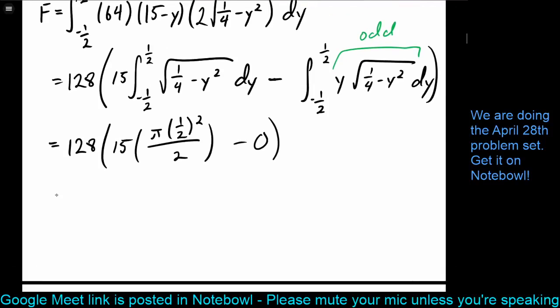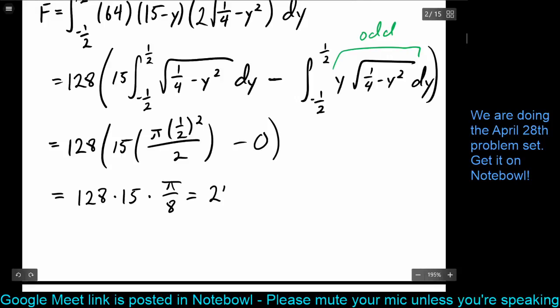All right. So now it's just a matter of simplifying this. This is 128 times 15 times pi over 8. And this will simplify a little bit. 128 is actually a power of 2. So 128 over 8 is 16, and we want to do 16 times 15.